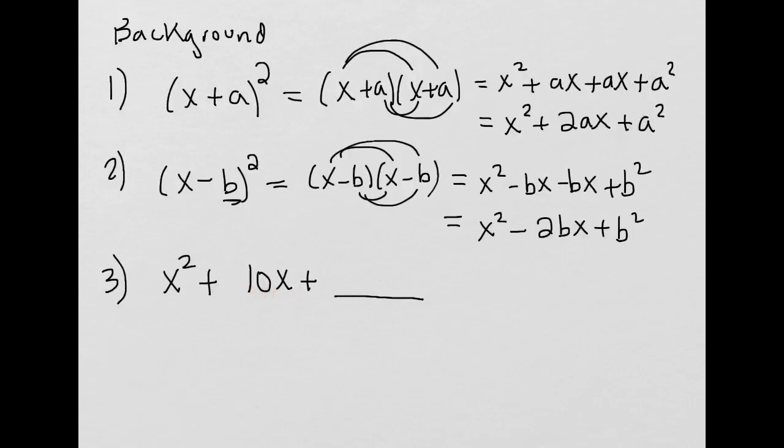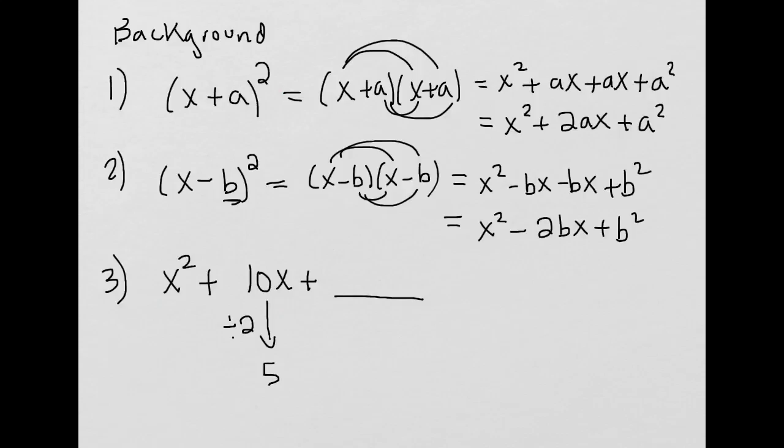And what we saw is the number in front of my x is double the number that ultimately goes into my parentheses. So what I'm going to do first is take half of that number. So I'm going to take half of 10. If I take half of 10, I end up with 5.